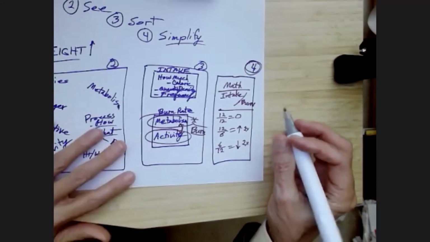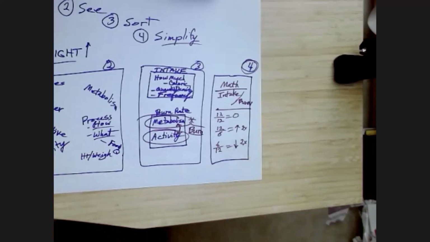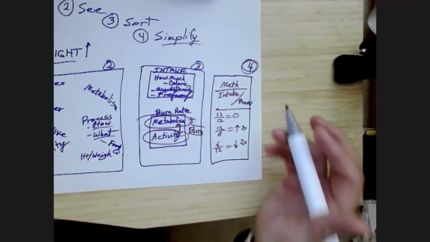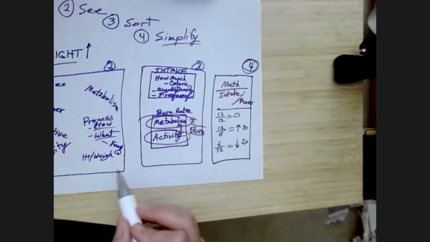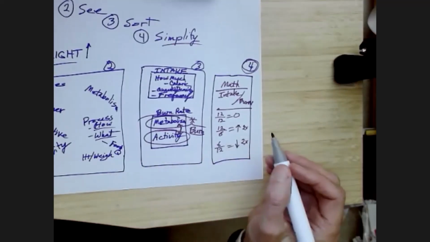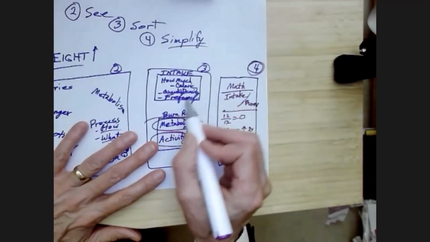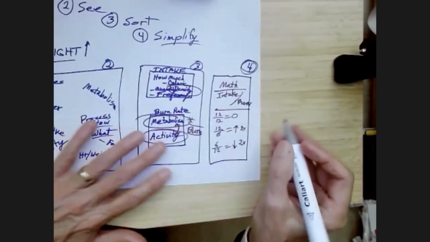The leverage in all of this is going to be around when you think about what's the least you can do. And the leverage is going to be around the density, this caloric density. I tried to write it here.